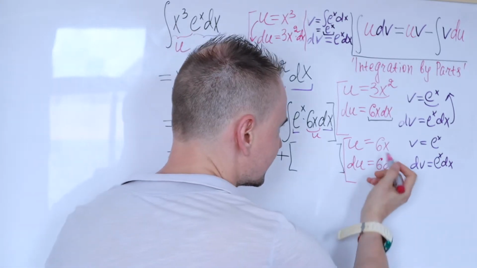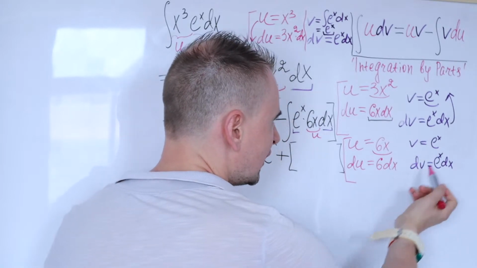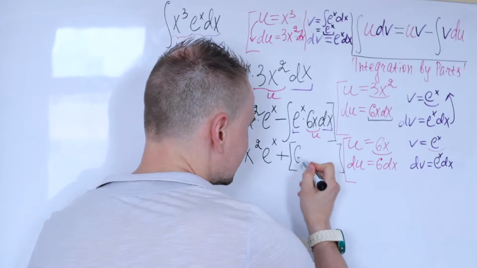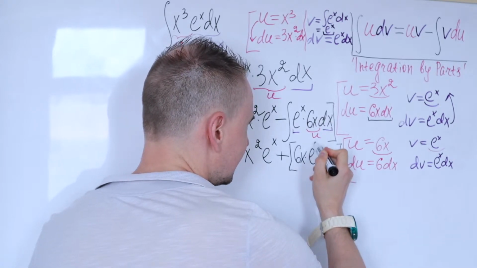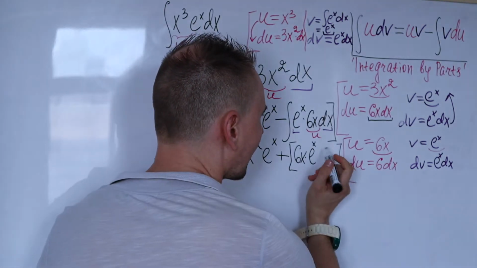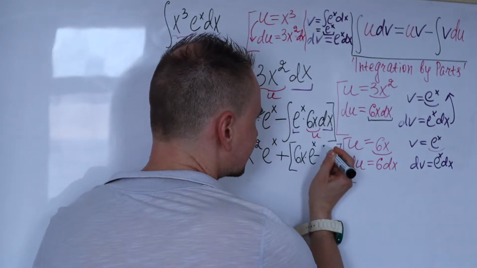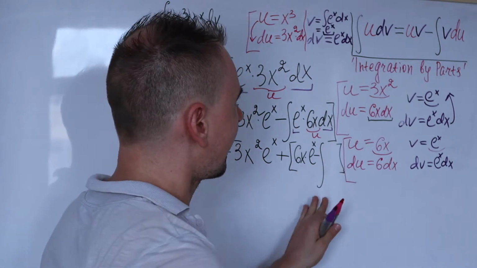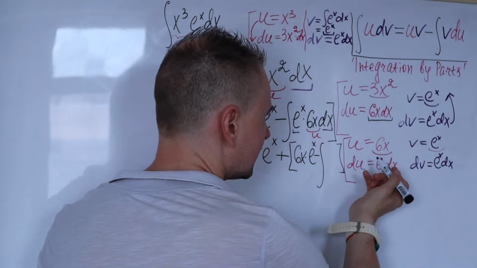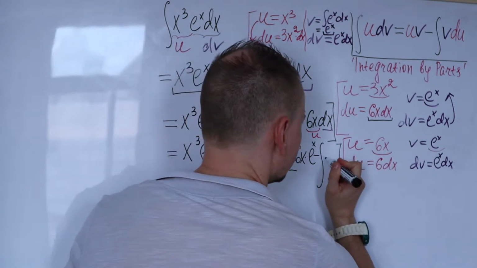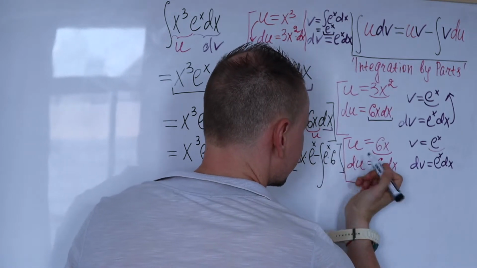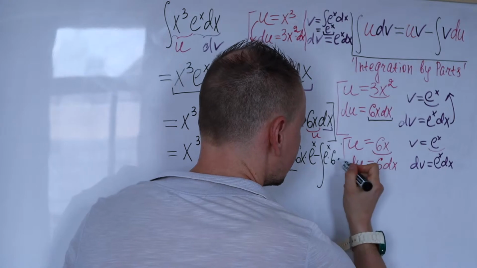So u is 6x, v is e to the x. So 6x times e to the x minus the integral v du. So it's going to be e to the x times 6 dx.